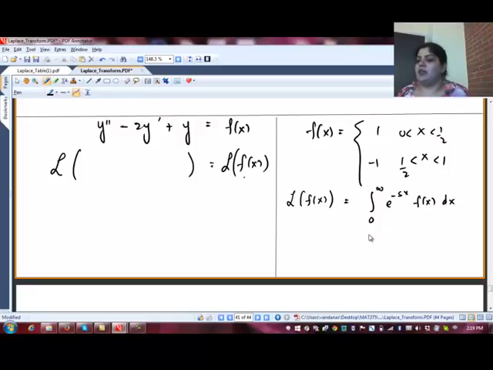So this whole integral boils down to the integral from 0 to 1 of e to the minus sx f(x) dx, because f is not even defined outside, so we focus only on this interval. Now in this interval, how will I integrate this function f, which is discontinuous at the point half?